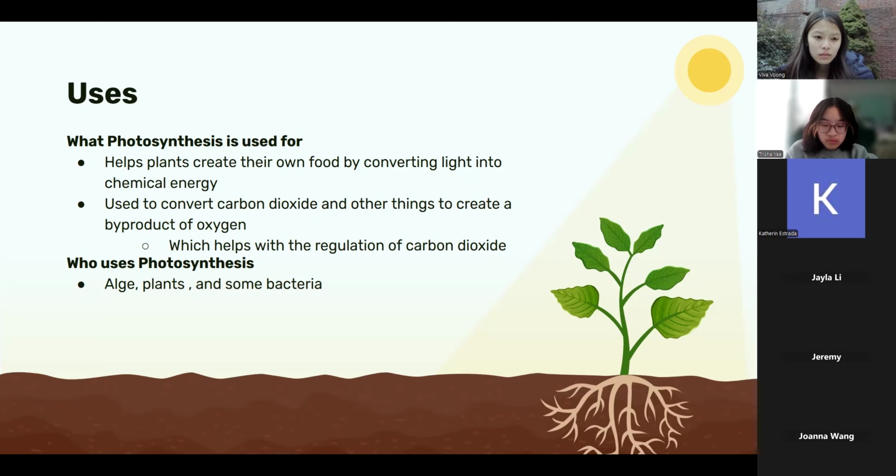It also regulates the carbon dioxide we have in the atmosphere. Who uses photosynthesis? Algae, plants, and some bacteria use photosynthesis.